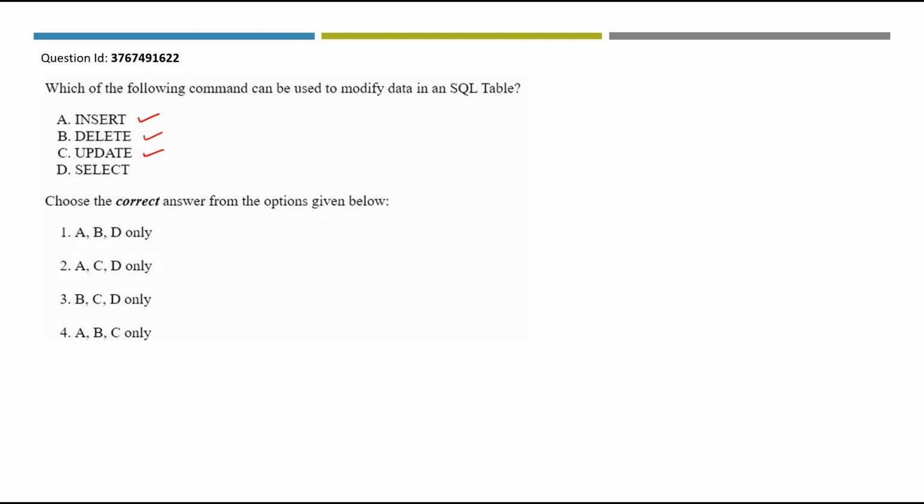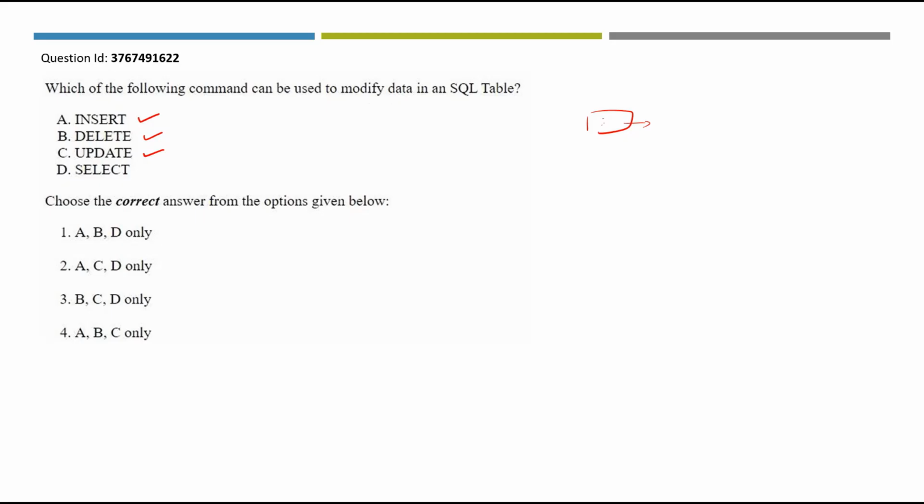What about select? In select you are not going to insert any data, you are not going to remove any data, you are not going to update any data. No data modification is going to happen there, you are just going to retrieve data. Retrieve means whatever is present in the table will be given as output.